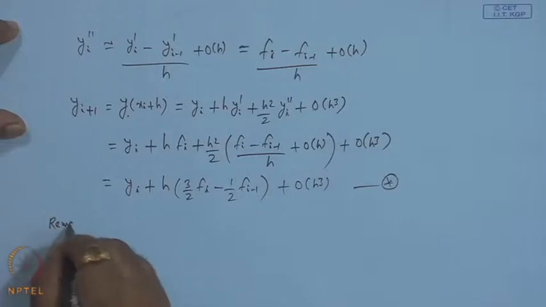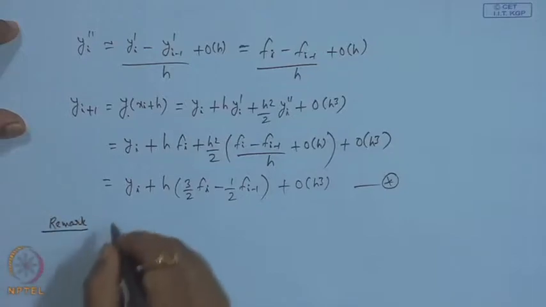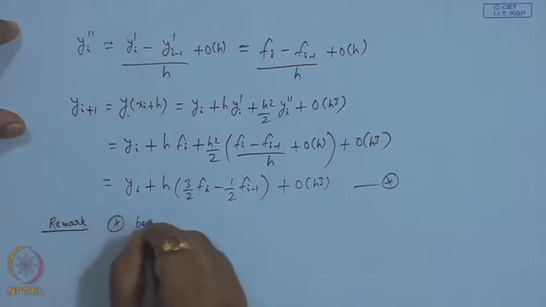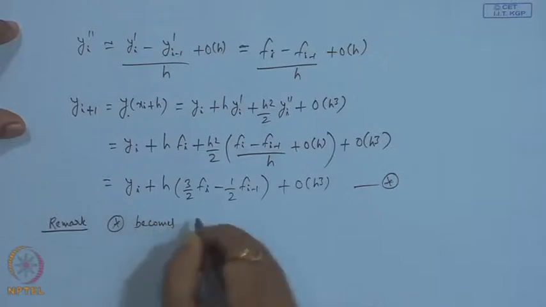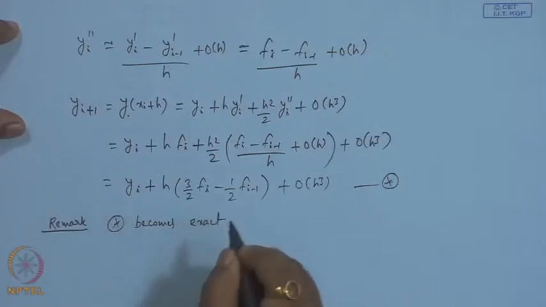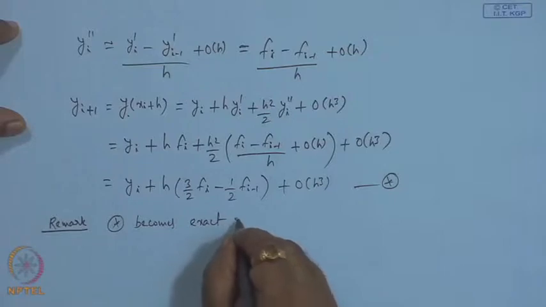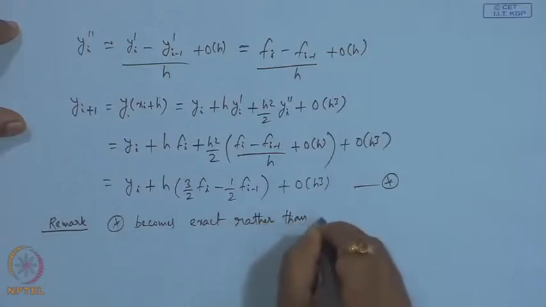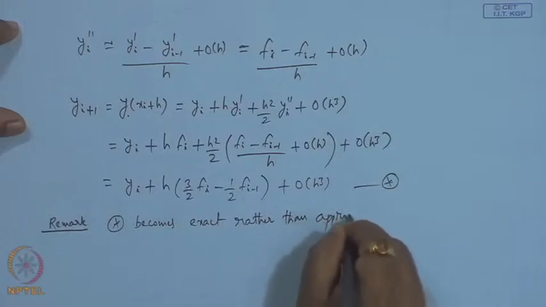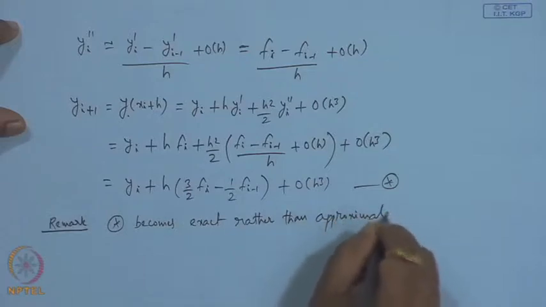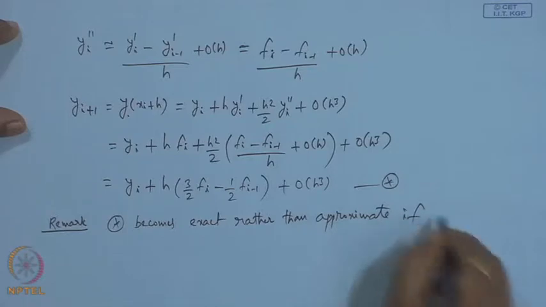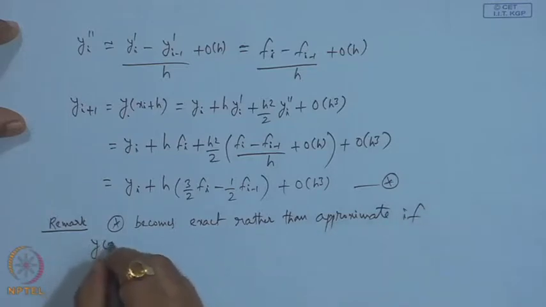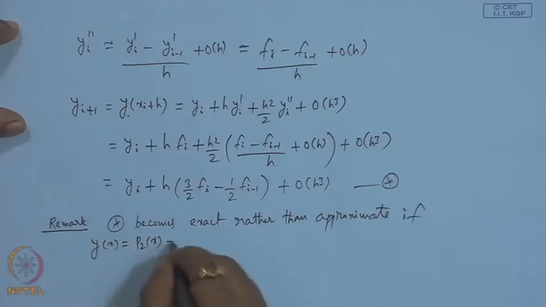But star becomes exact rather than approximate if y of x is a polynomial of degree 2.